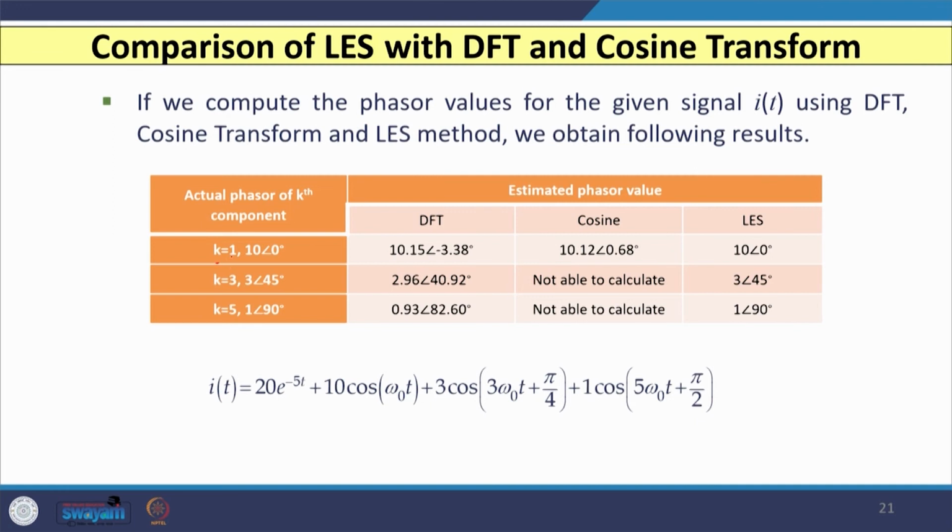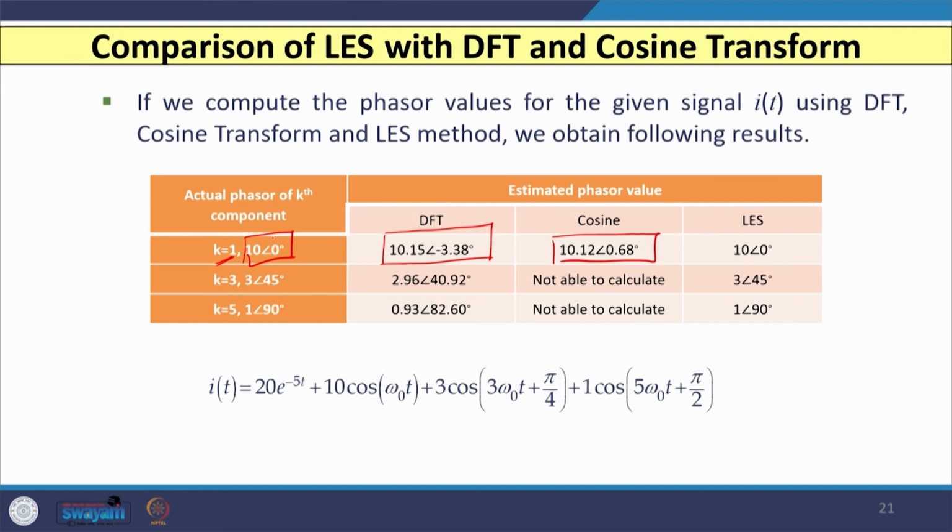So, let us consider the value of k, that is 1. In that case the actual value of phasor is 10 angle 0, and if I use the DFT algorithm, the phasor value obtained is 10.15 at an angle minus 3.38, whereas the cosine algorithm gives 10.12 at an angle 0.68.